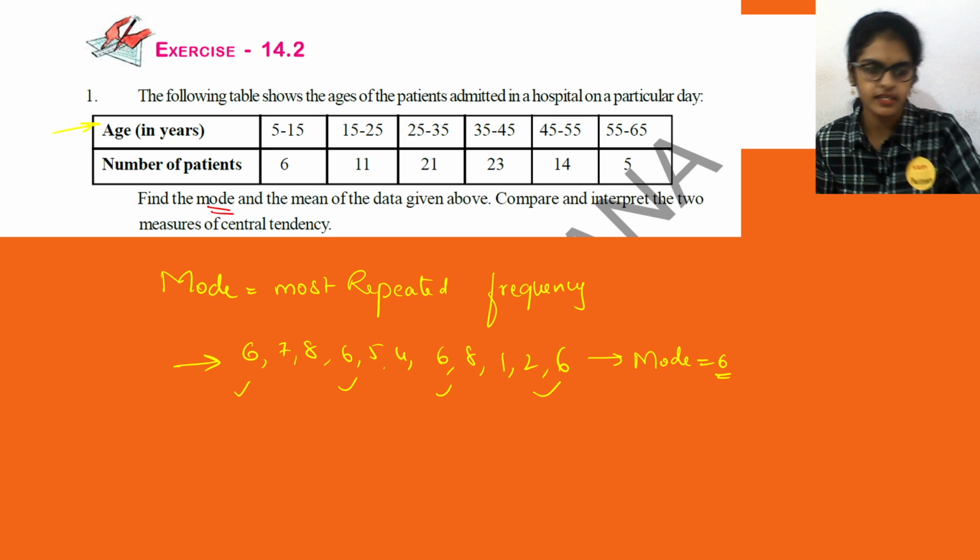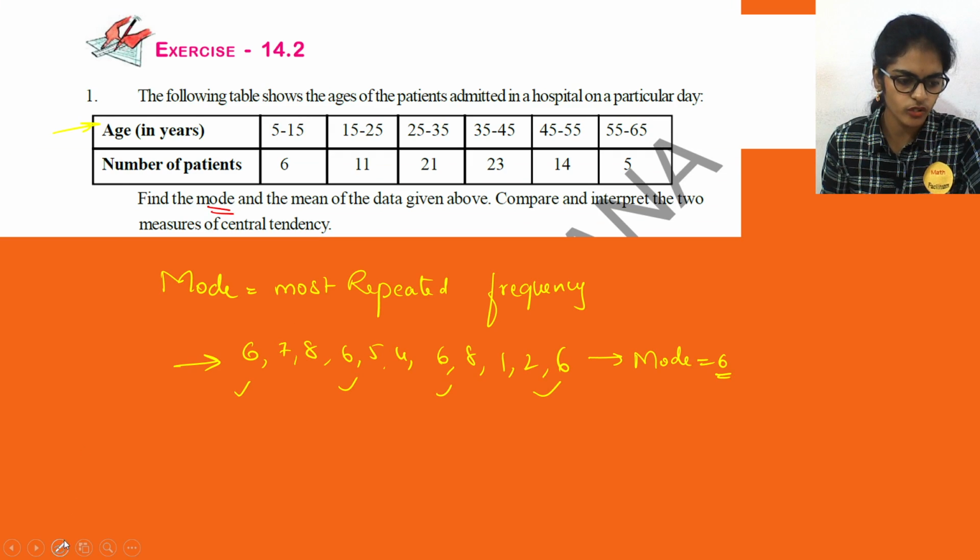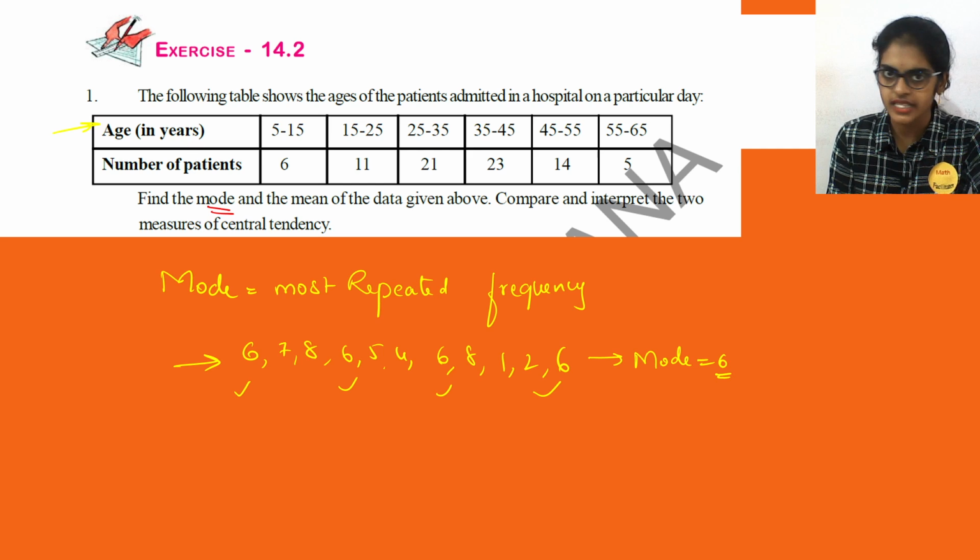So let's begin. Firstly, for mode of the data, you don't have to modify the values. You can take the values as they are. For example, here age in years is given to us. The first column is age in years, or I can say it's nothing but the class interval column.